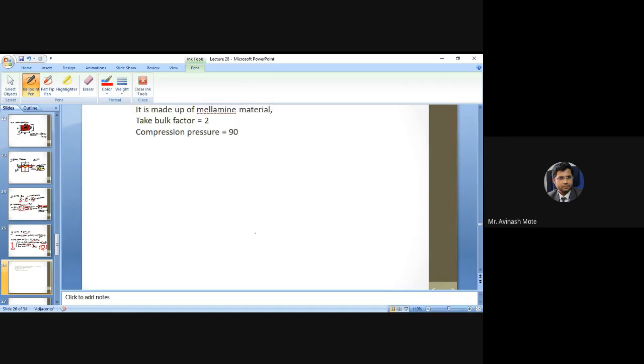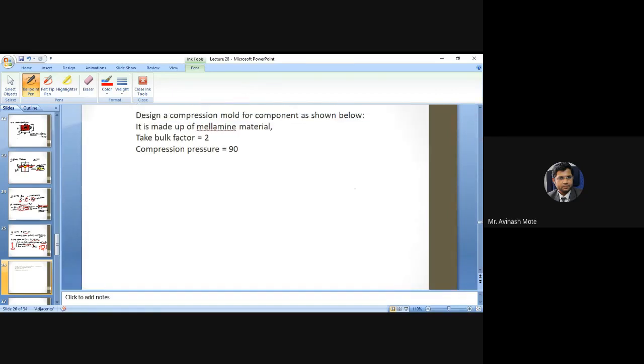Now we have one problem, and we will try to solve it so you can easily understand the things. Just read; I will write down a couple more pieces of information. Bulk factor we have considered, and compression pressure we have considered 90 kg per centimeter square.